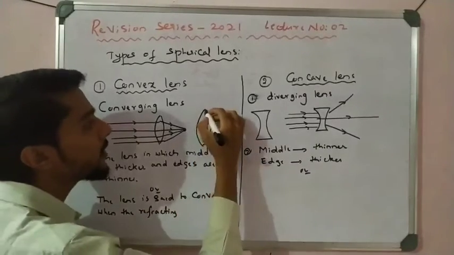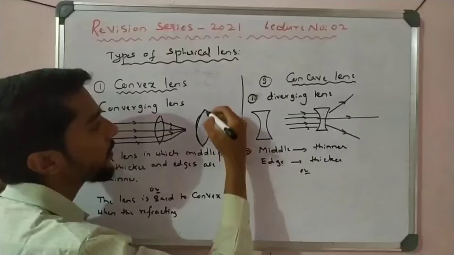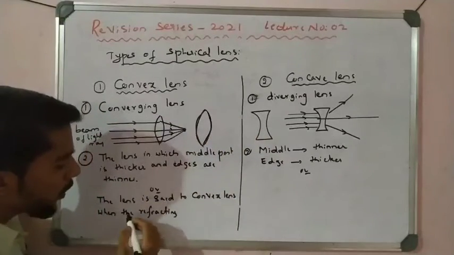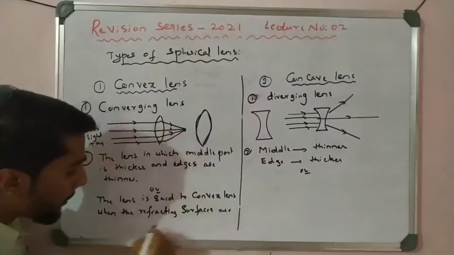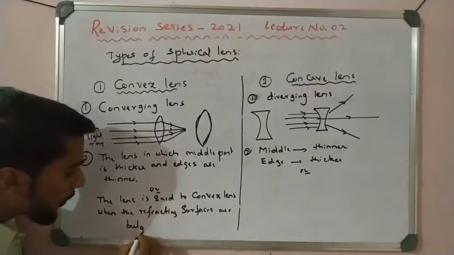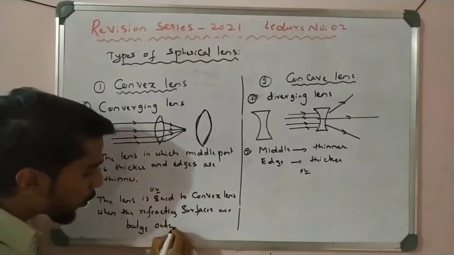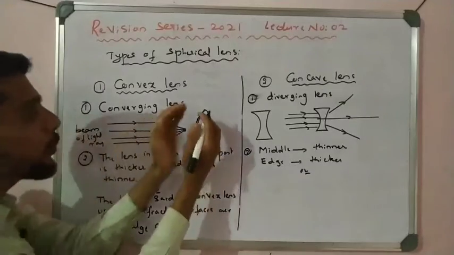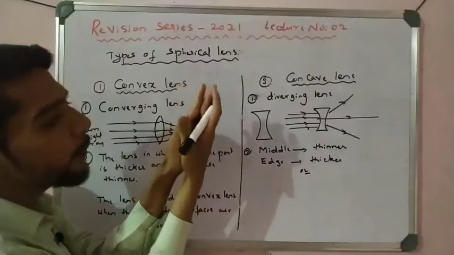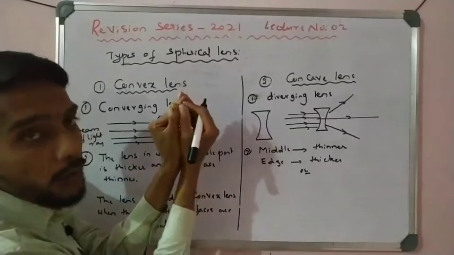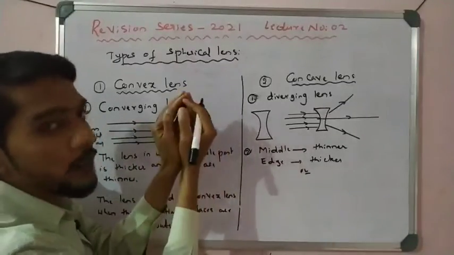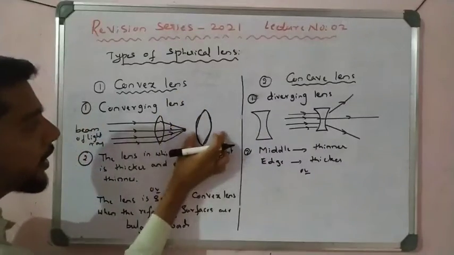This is the refracting surface. See, it bulges like that. This is the simple one thin sheet. It is bulging outwards, the hollow part is outward, that is called bulging outwards.